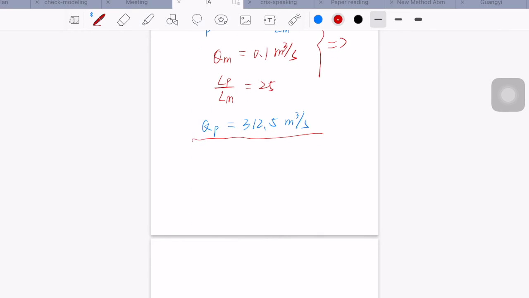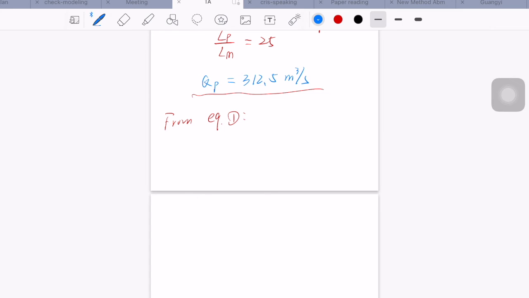From equation 1, we also can get that Lm over Tm divided by Lp over Tp should be equal to the square root of Lm over Lp.